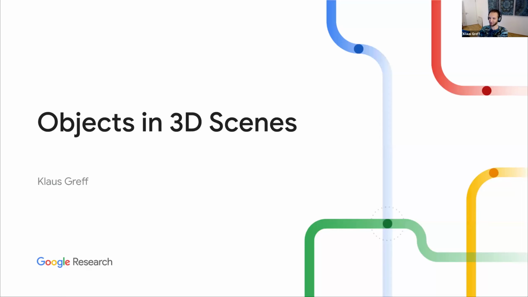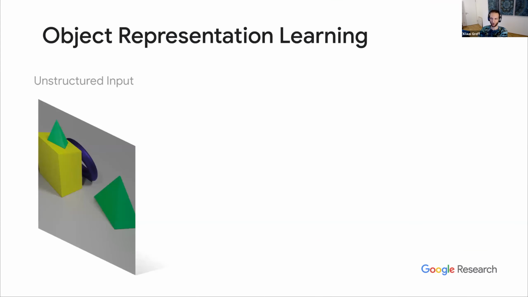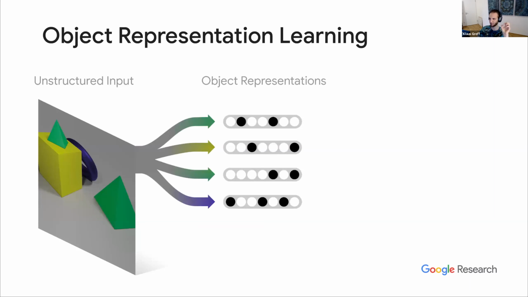Thanks for the introduction and thanks for the invitation. Pleasure to be speaking here. As was already mentioned, my research interest is mostly on object representation learning, and I spent a fair amount of time thinking about how we can go from an unstructured input, such as pixels in an image, to object representations.